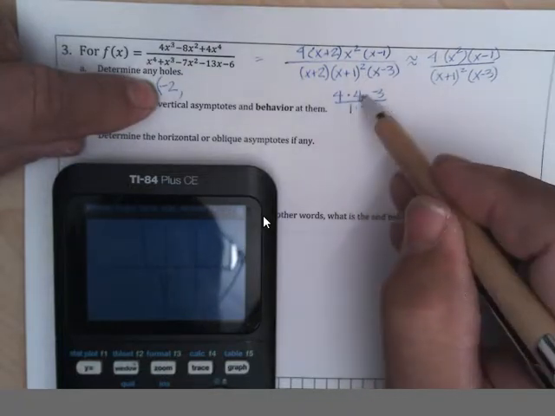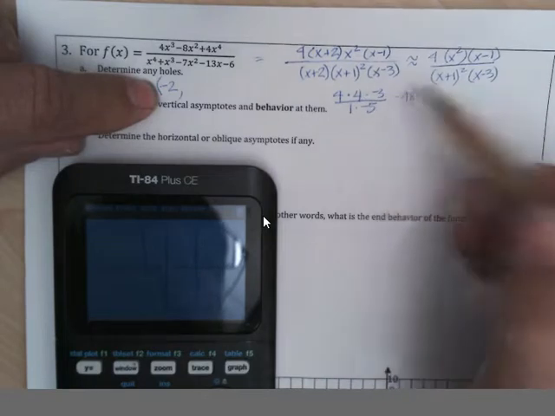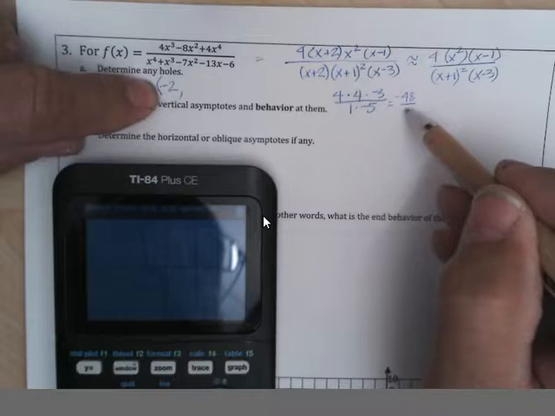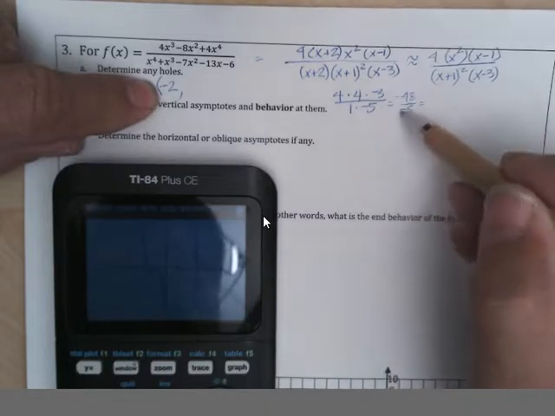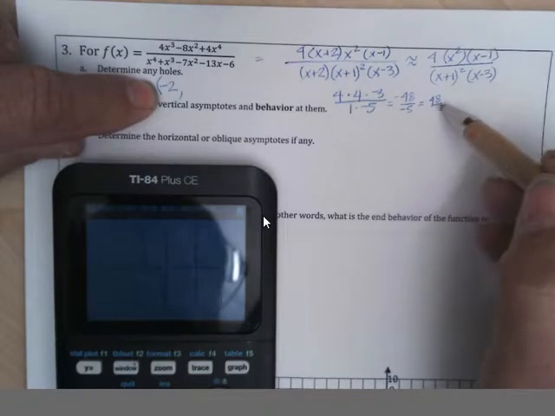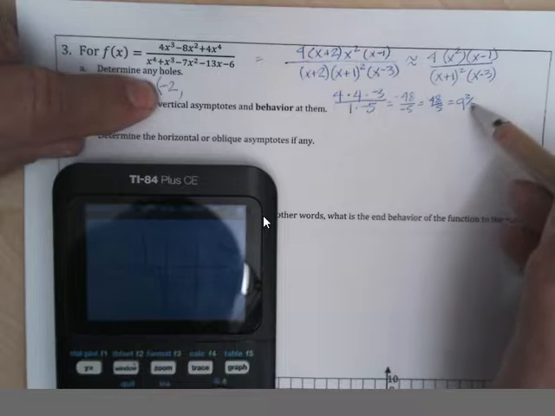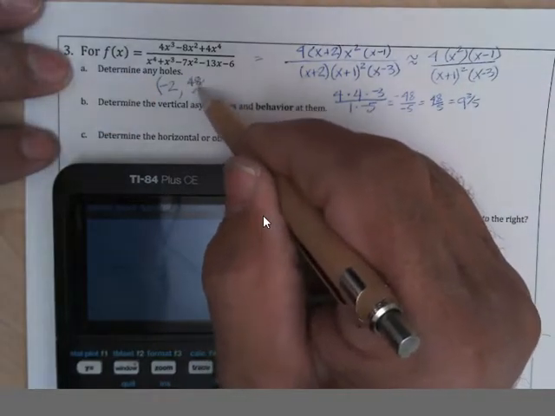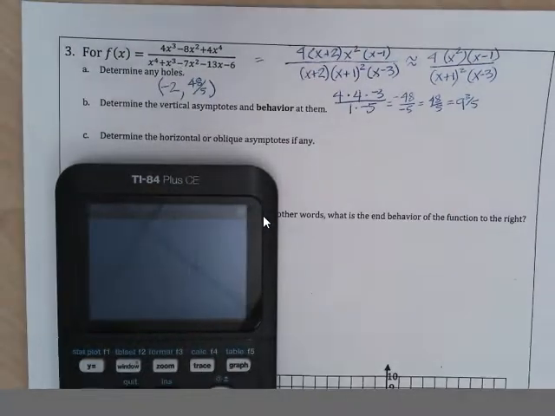So I've got 16 times 3, which is 48, and it's negative. And I have 1 times negative 5, which is negative 5. So the negatives cancel, and I get 48 fifths, or 9 3/5. So that's the y-coordinate of the hole. Okay.